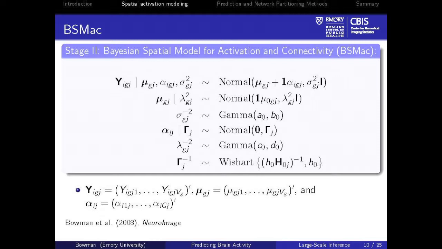And so this is just modeled in terms of a group level mean mu, so that's essentially what we want to do inference on. And then we include a random effect here for the i-th subject in the g-th brain region. Conditional on that random effect, we assume independence, but this conditional structure then allows us to have an exchangeable correlation structure within each brain region.